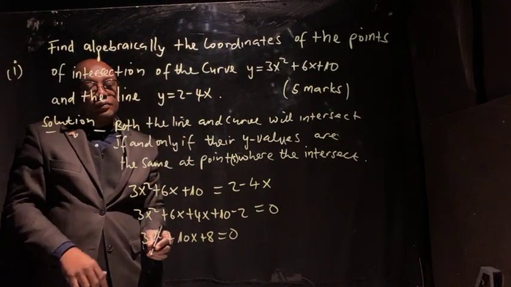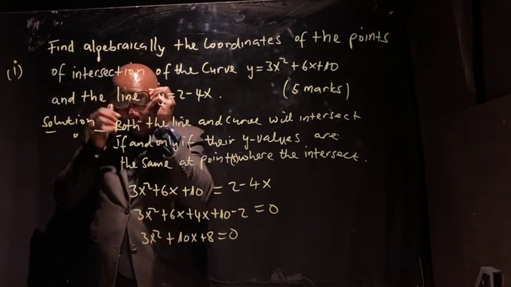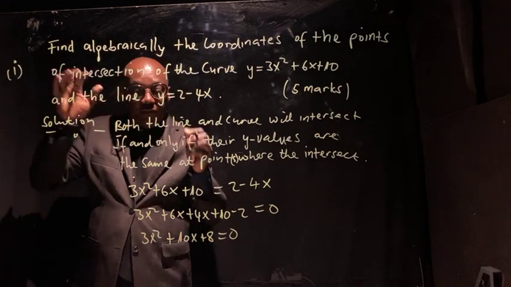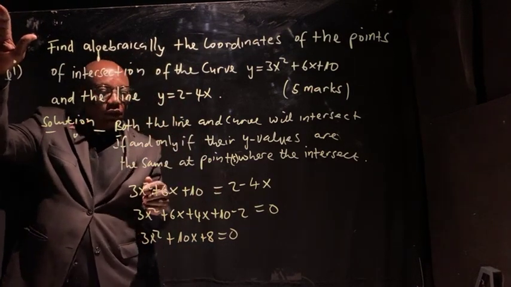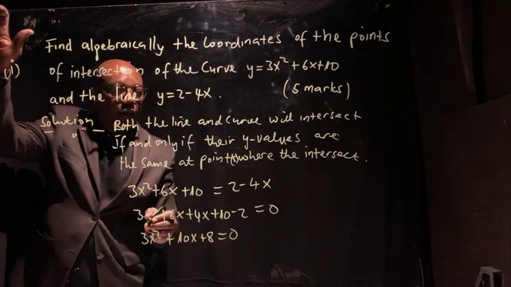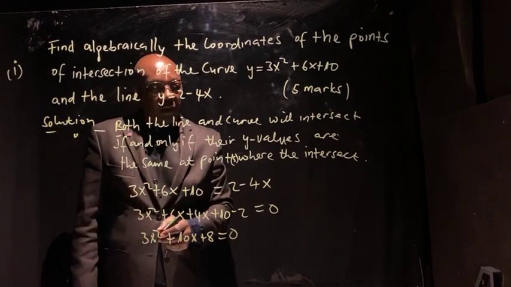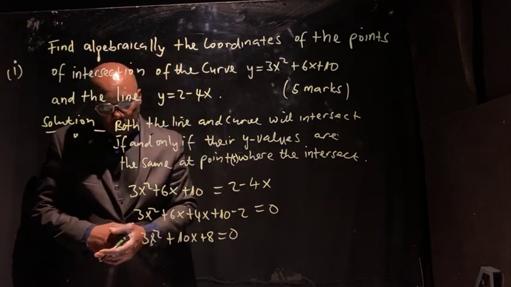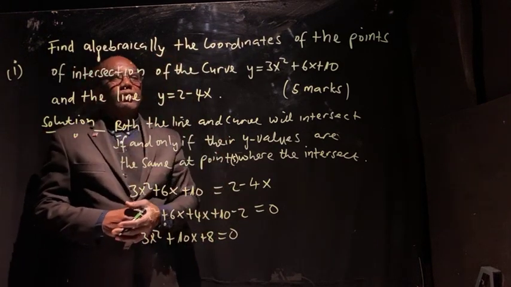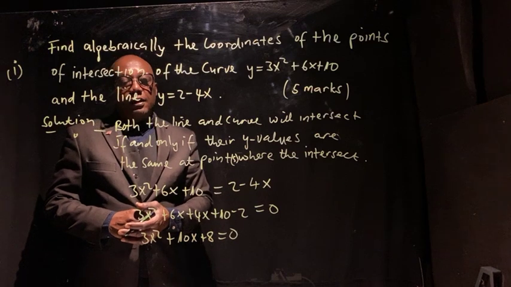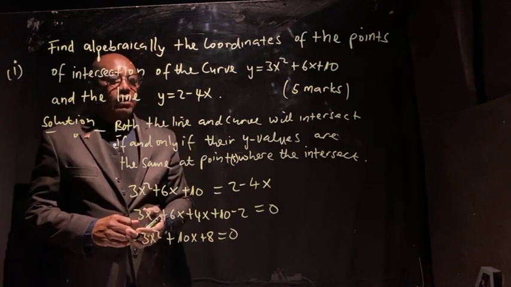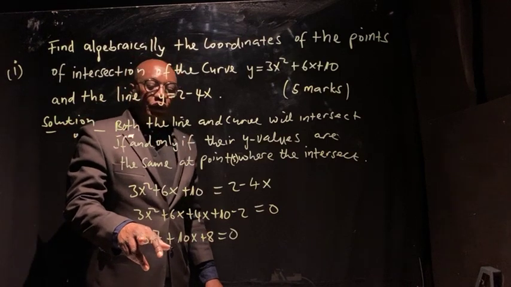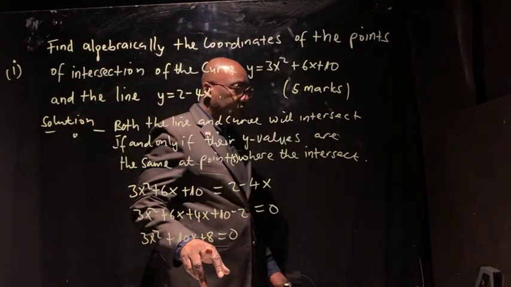The result is a quadratic equation in x, which we will solve. I think that in the previous tutorial we laid emphasis on how to solve quadratic equations, and maybe we will recap. Always the coefficient of x squared should be multiplied to the constant.